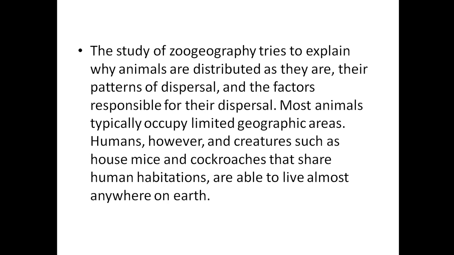Not only the pattern of animal distribution, they are also concerned with why they are so, what is the pattern, and what are the factors also. Evolution happens in some remote corner of the world or even in maybe the ocean.